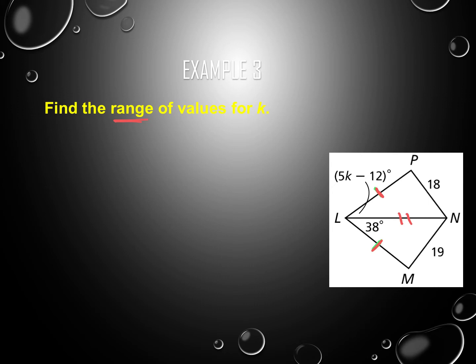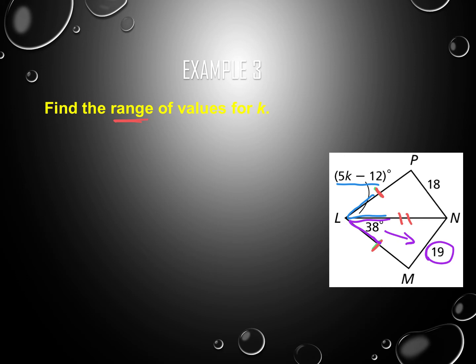The two angles I'm comparing are this angle right here, which is identified as the 5K minus 12, and then the other angle is right here. It's going to be the 38 degrees. So the 38 degrees is going to look across, and it's going to be across from side length 19.